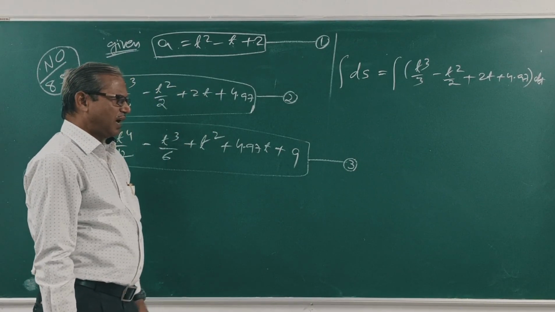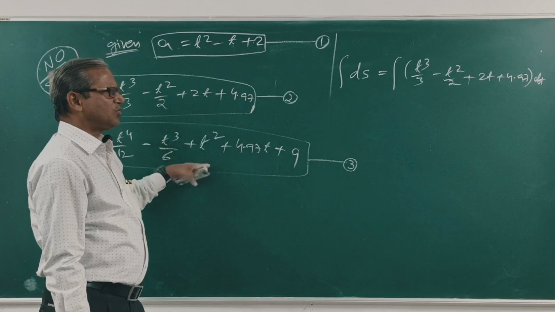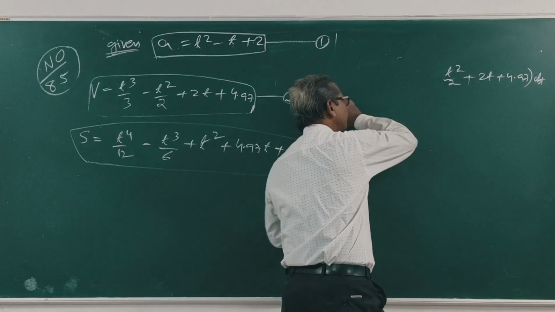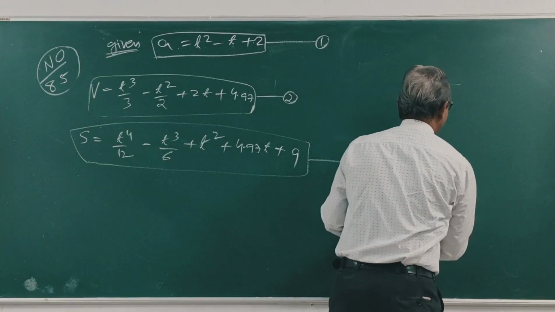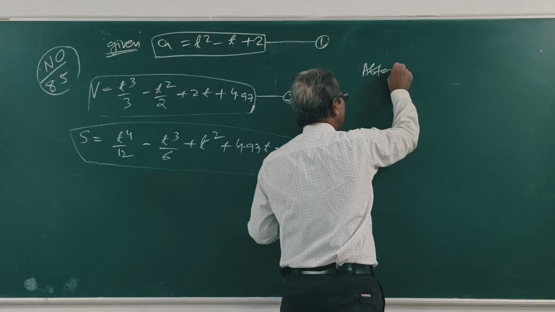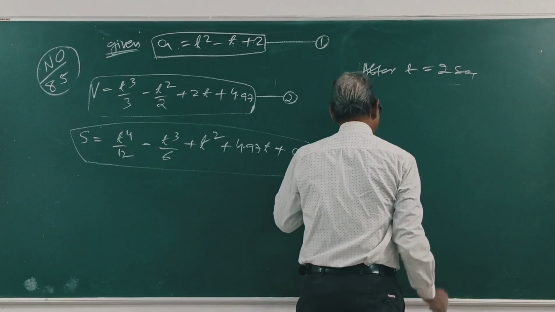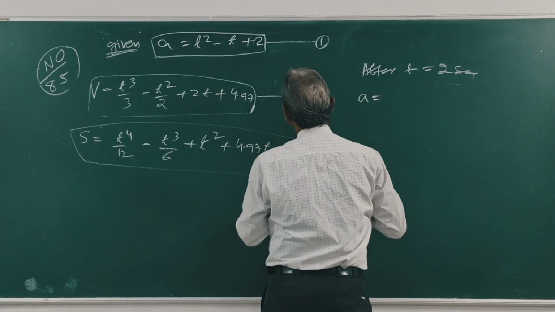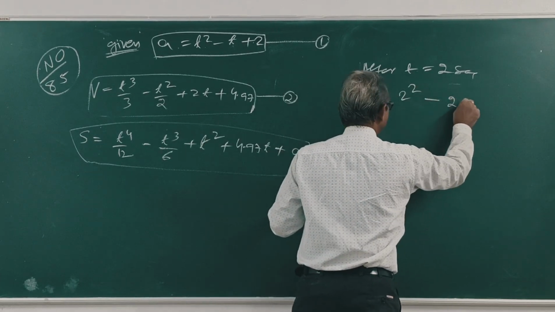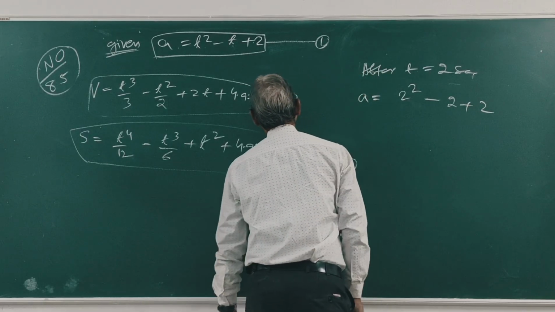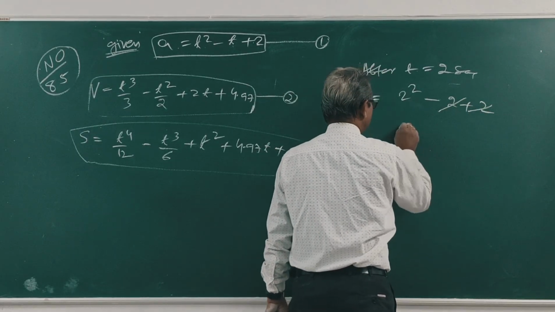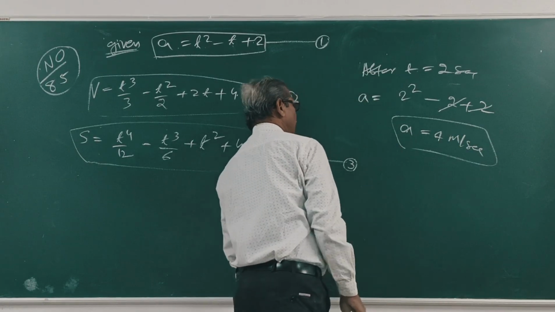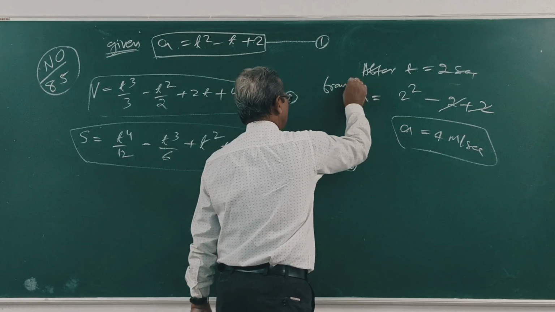The question is, after 2 seconds, find this value. After t is equal to 2 seconds, a is equal to, what is a? Acceleration: 2 square minus 2 plus 2. Clear? This is 4 meter per second square, from equation 1.